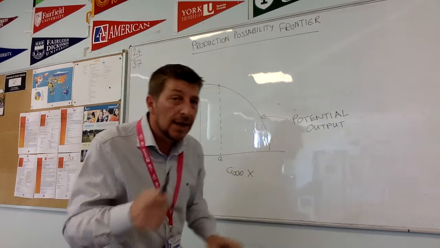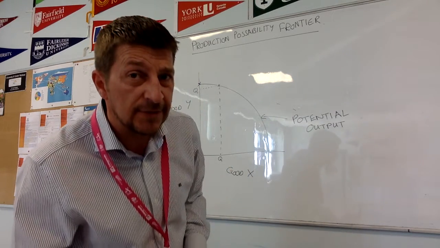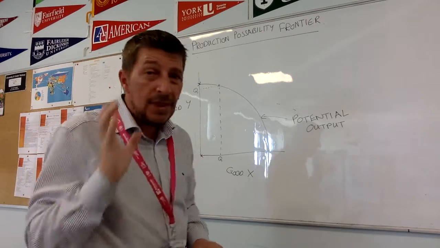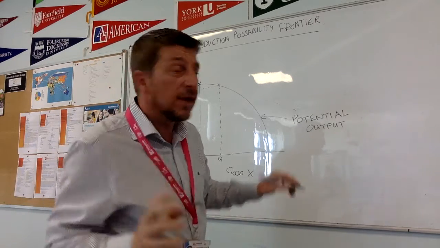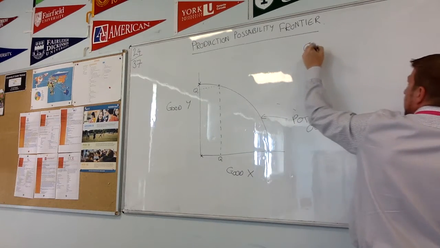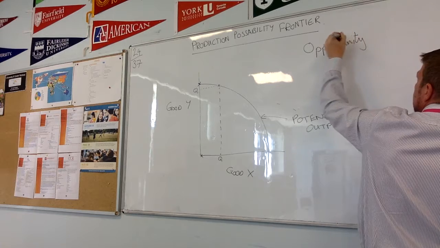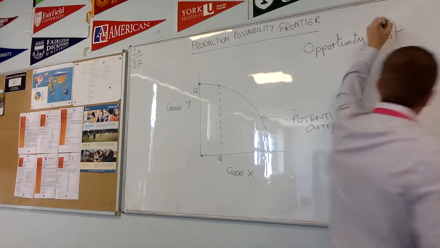Okay? Now that brings in a very interesting concept, doesn't it? One that we should have got our heads around already, one that we should understand, okay? It brings in the concept of opportunity cost.